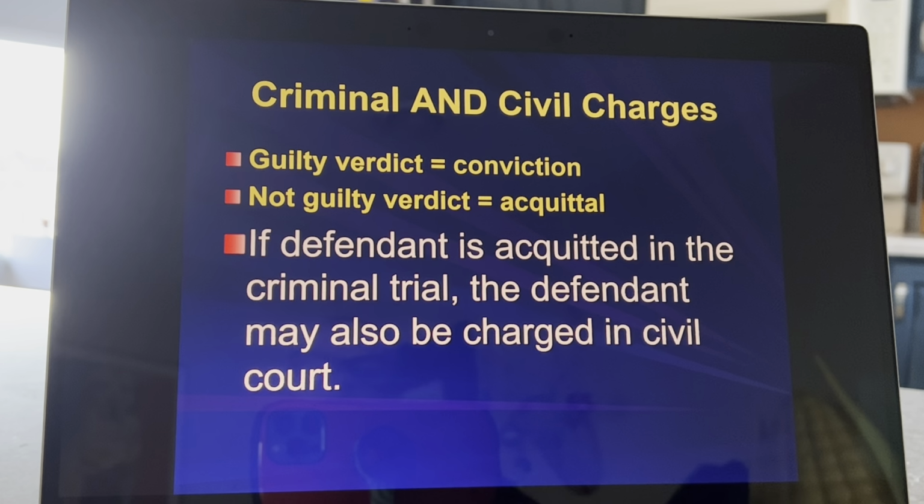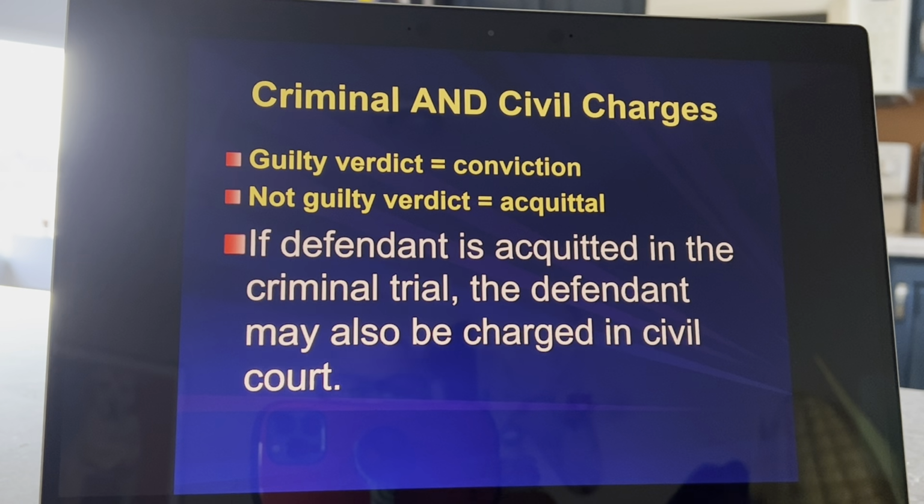Okay, so in both criminal and civil court, there are 2 different verdicts, okay? So if someone is found guilty, that means they've been convicted of that crime. So that's a conviction.